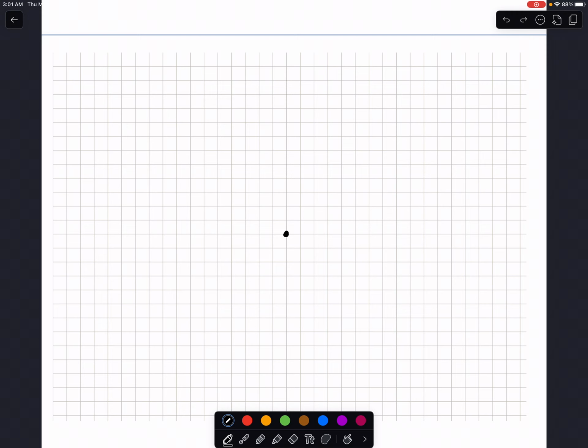Let's try to do something simple. How many tick marks? 1, 2, 3, 4, 5, 6, 7, 8. If that were 8, 5. So what if we went 5, 10, 15, 20, 25, 30, 35, and 40? Okay, that's fine.